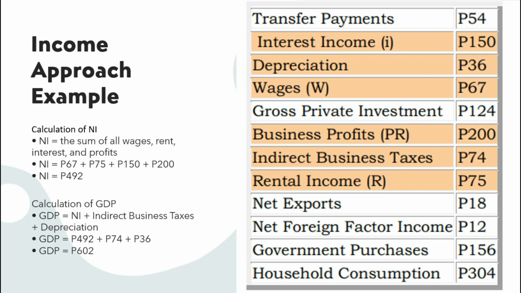In this problem, since the indirect business taxes of 74 pesos are given, we have to include it in our calculation of the GDP. And then we also have depreciation of 36 pesos. So the total sum of national income, business taxes, and depreciation is 602 pesos for our GDP under the income approach.